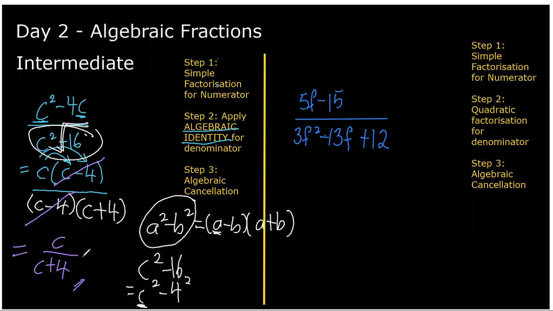Next we go to the right-hand side of the whiteboard. So we have this thing over here. First thing is that I can see that there is a common factor for my numerator. So I'm going to take out my common factor. Over the denominator, you can tell that it's a quadratic factorization because it looks like this.